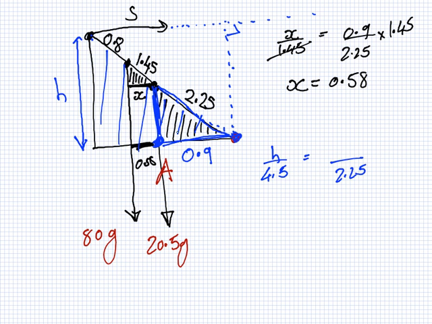Well, since we've got Pythagoras, we could just say square root of 2.25 squared minus 0.9 squared. I use Pythagoras to get this, and then I can say this side over this side is the same as this side over the total.